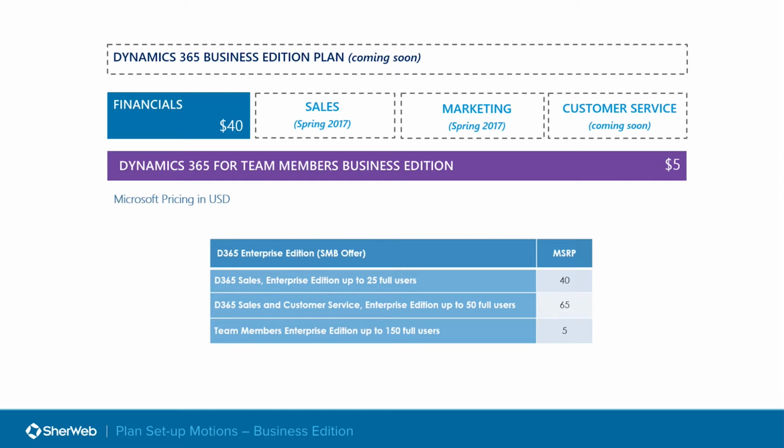If they need sales and customer service, we can go up to 50 users for $65. If you combine both of those promotions, you cannot go over 50 users. We have another slide with really the conditions. That will be for your reference. And of course, team member, you can go up to 150.